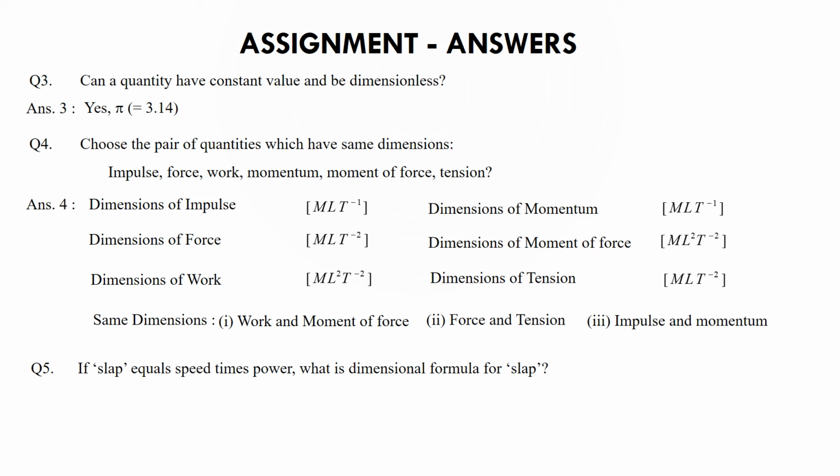Now let's come to the slap question. Slap was speed into power. Speed is LT⁻¹ and power is ML²T⁻³. So what are the dimensions of slap? ML³T⁻⁴.